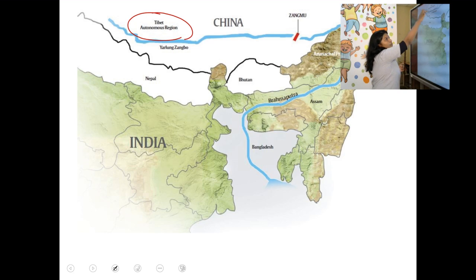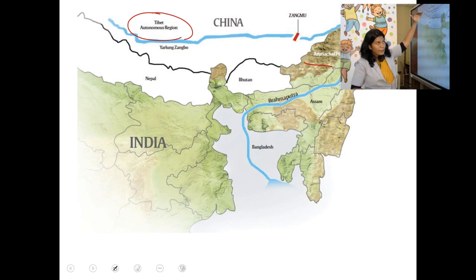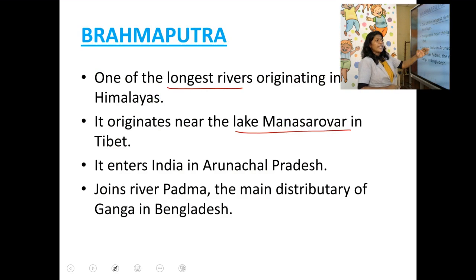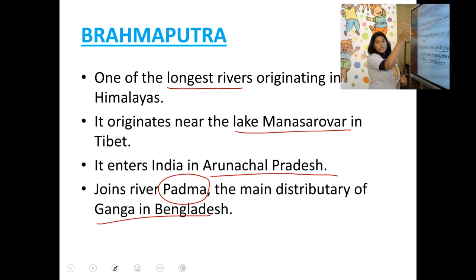The first state it reaches is Arunachal Pradesh. It enters Arunachal Pradesh and joins the river Padma, the main distributary of the Ganga in Bangladesh. Got it?